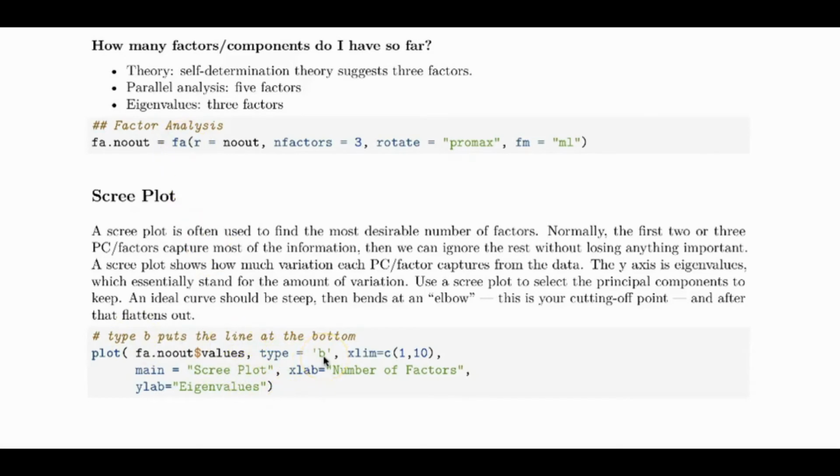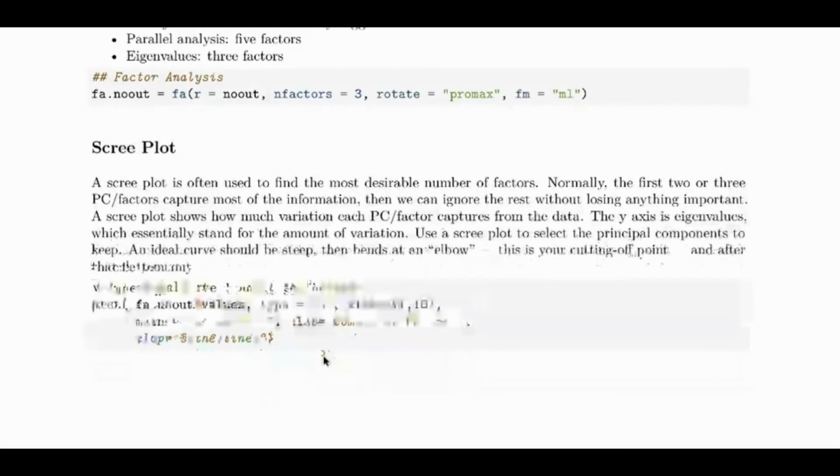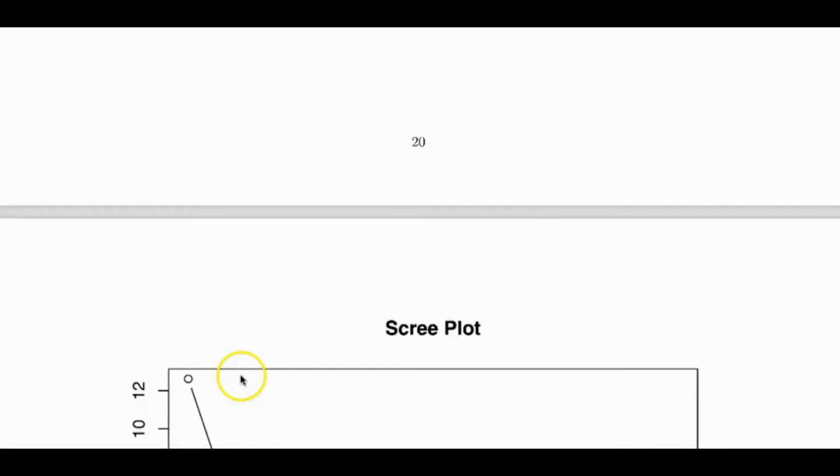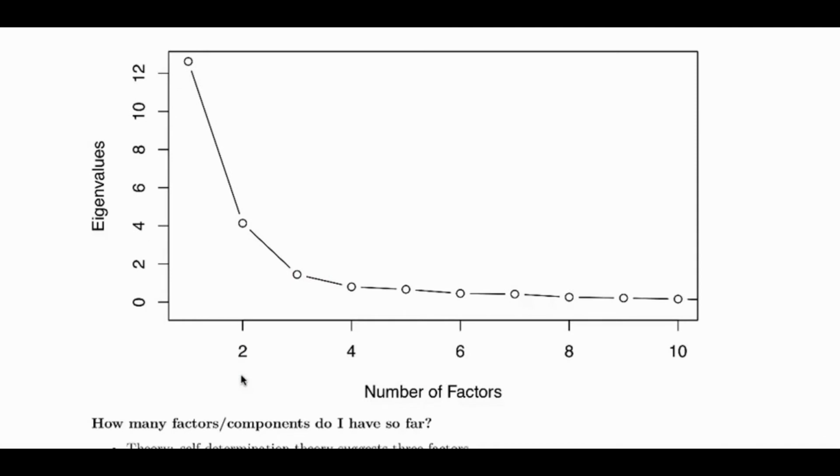Type b, and this is just how the graph looks. There are 2 or 3 types. I chose the one that looks the least worst. This just tells how big the graph should be, then the main title, the X label, and the Y label. So the scree plot, I would say, is suggesting 2, maybe 3.